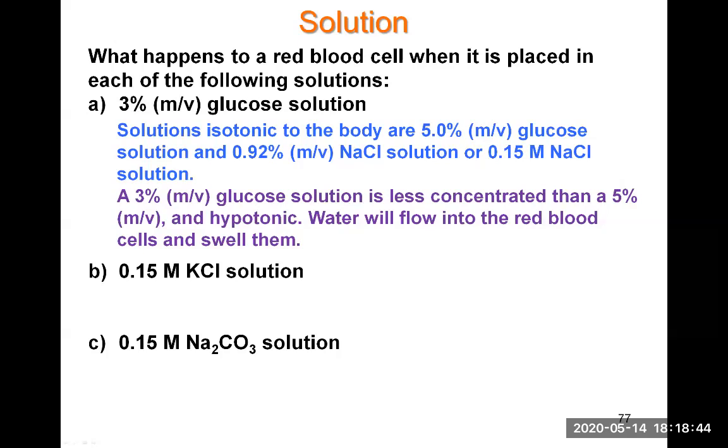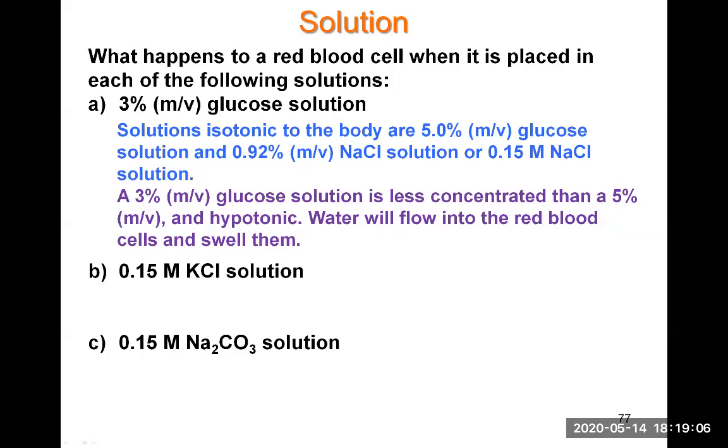And that means you will want to use the 0.15 molar NaCl solution. So now you have to tell yourself your red blood cell has a 0.15 molar NaCl solution inside, right? The intracellular fluid has this concentration. Now compare it to the 0.15 molar KCl solution.